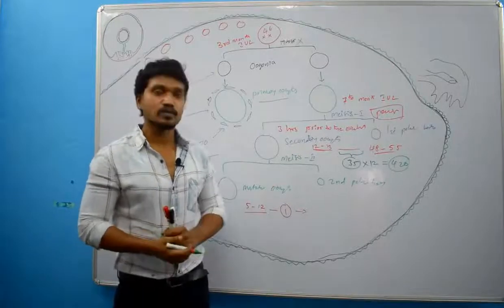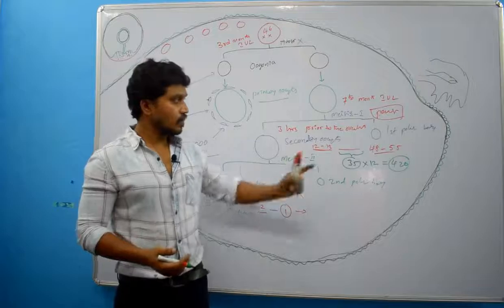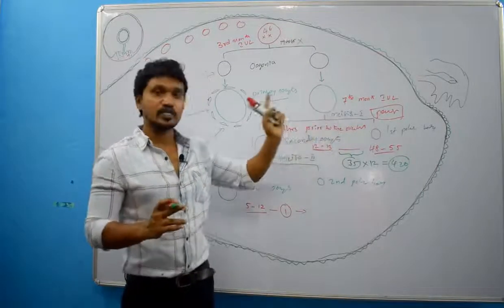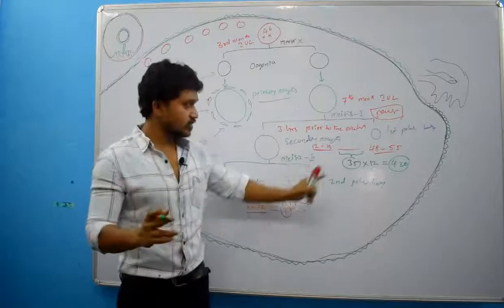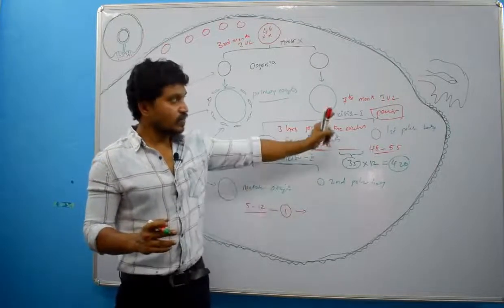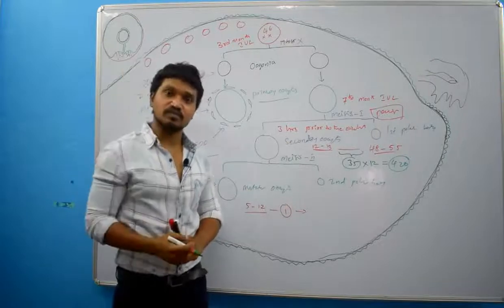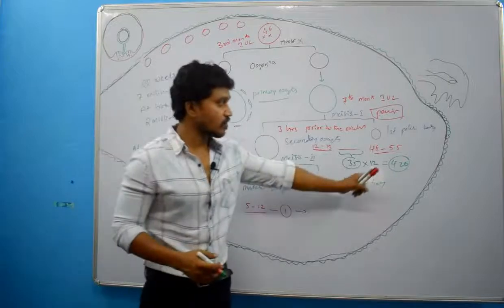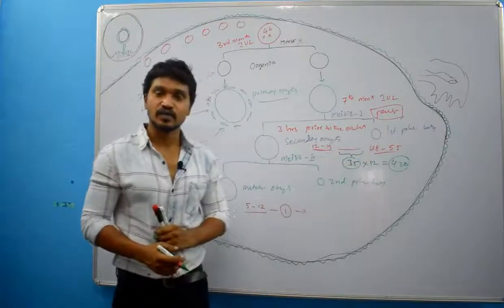If you observe, the time gap for the first primary oocyte to ovulate is around 12 to 13 years. And if you observe the last primary oocyte to ovulate, it's around 45 years. Right?